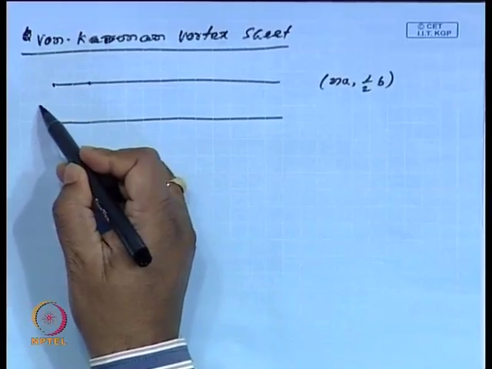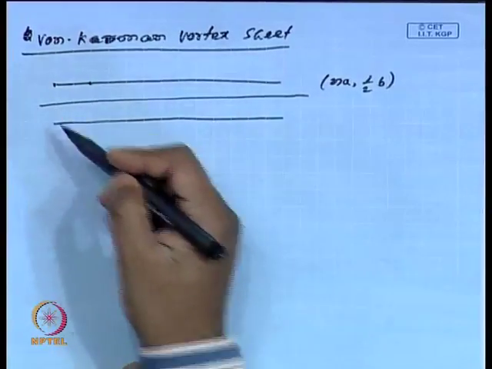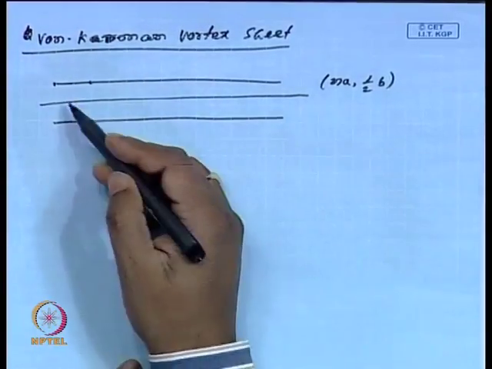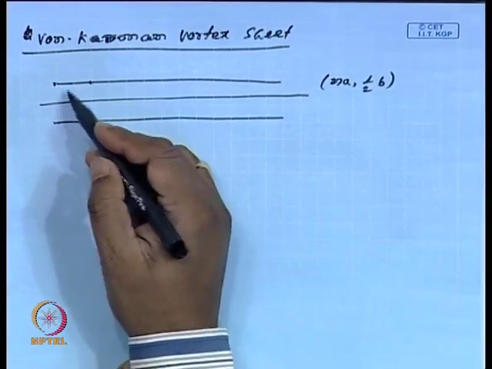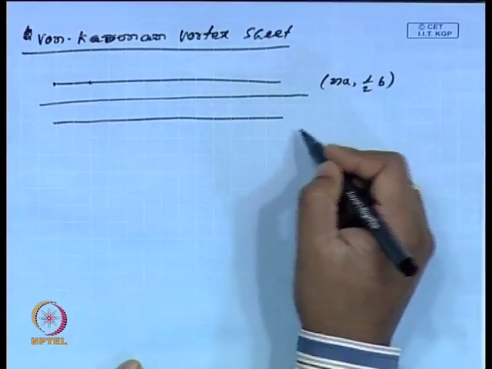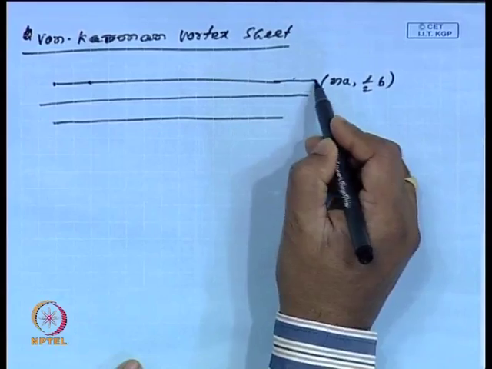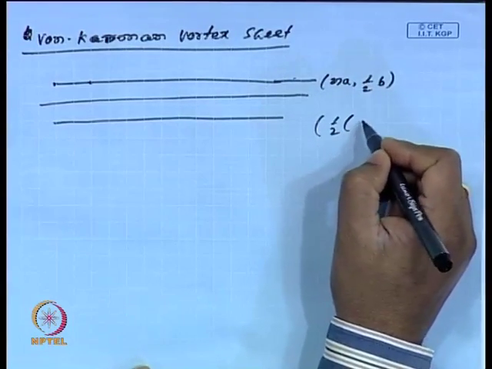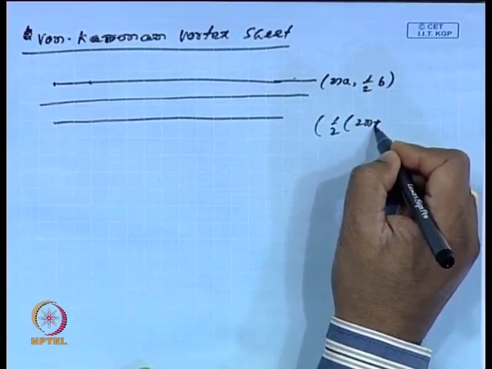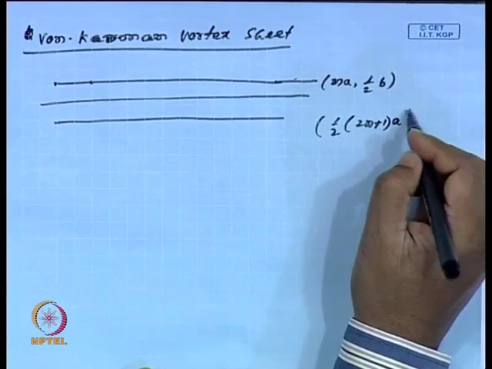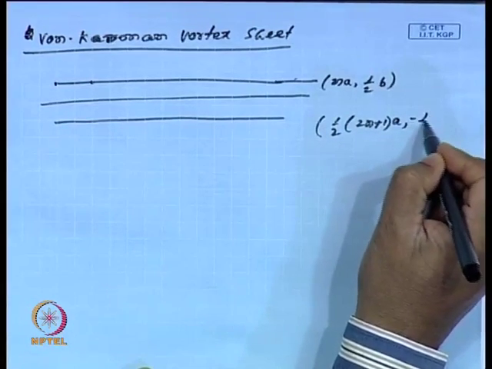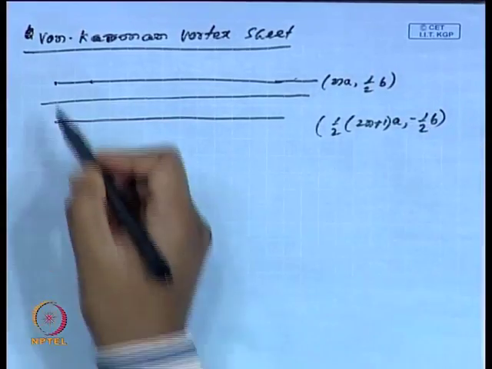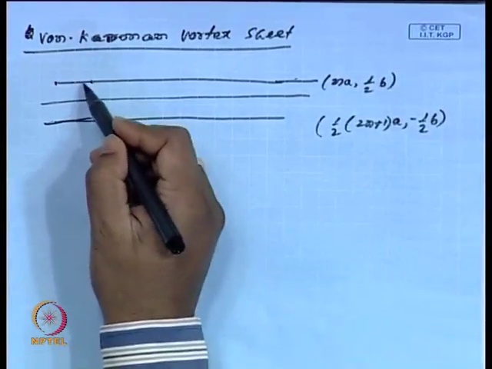So if this is the x axis, it is on this side, and this is half i b, along this line, and the other one is at the points (n + 1/2) a minus half i b. So these are the various locations at which the vortices are.